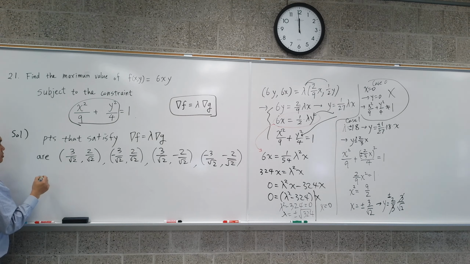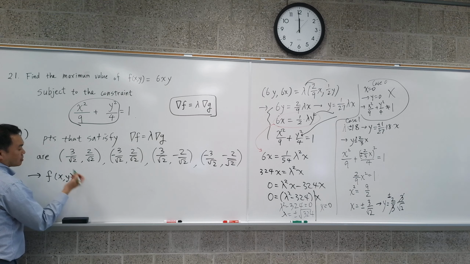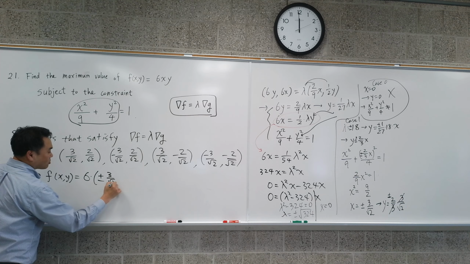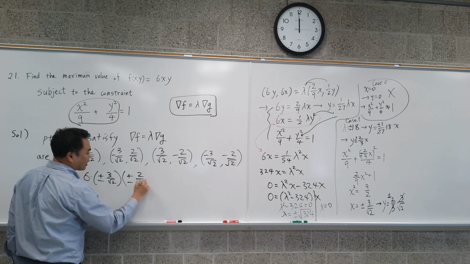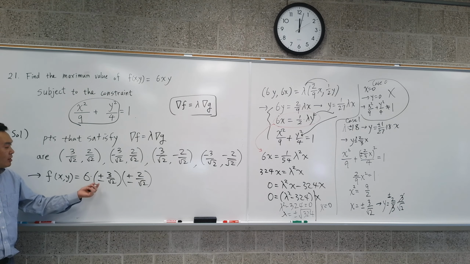Okay. So then f of xy is going to be what? 6 times plus or minus 3 over radical 2 times plus or minus 2 over radical 2. I'm just doing all 4 cases at once, okay? So it could be plus, plus, plus, minus, minus, plus, minus, minus. It's these with different signs.